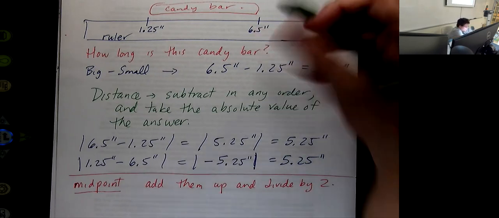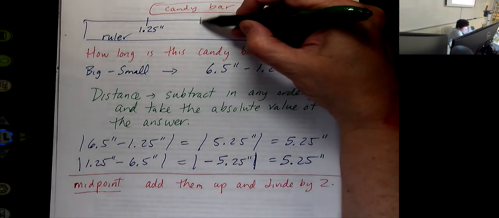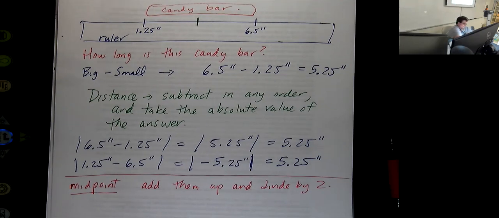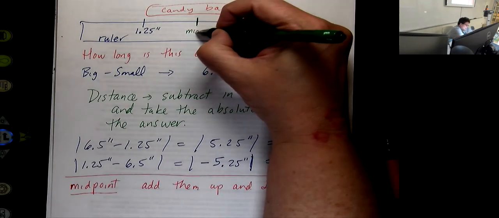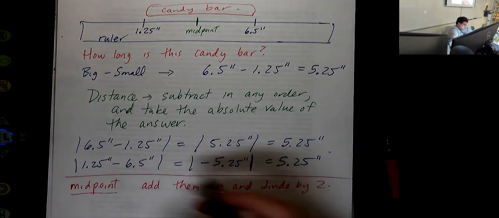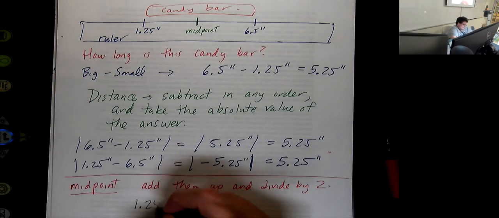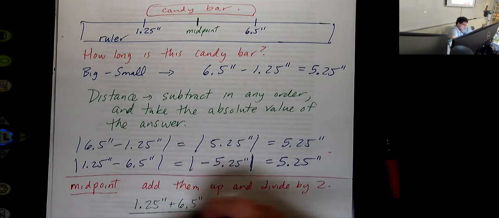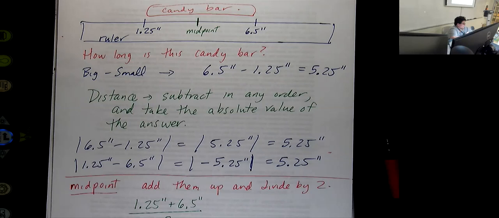So on my ruler, I can put that mark, but I don't know what that value is because I didn't measure it. How do I find that midpoint? I'm going to add up the 1.25 inches and the 6.5 inches, and when I have that, I'm going to divide by 2.